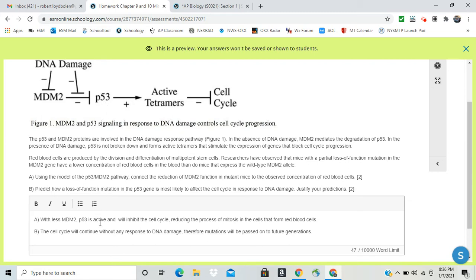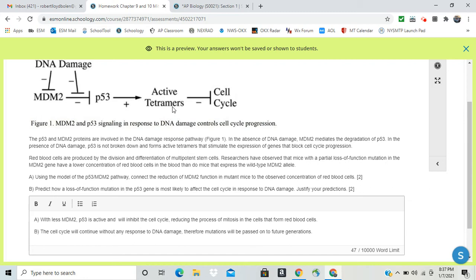So P53 will be active, and it will in turn inhibit the cell cycle, which reduces the process of mitosis in the cells that form the red blood cells, which are those multipotent stem cells. Okay, so with less MDM2, P53 becomes activated, and then it'll inhibit the cell cycle in those cells that form the red cells.